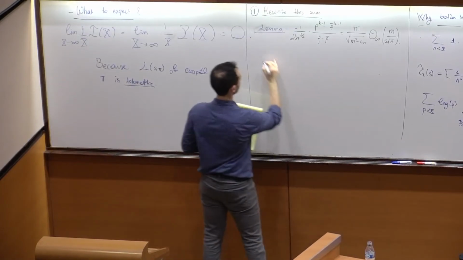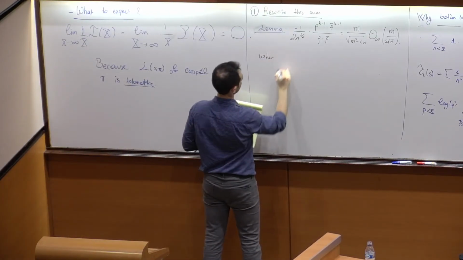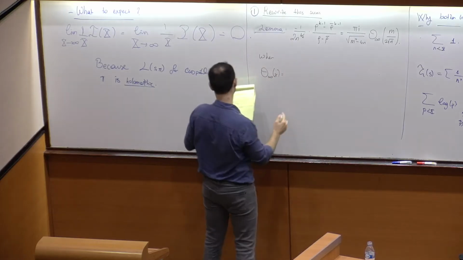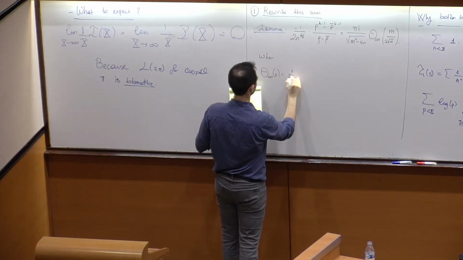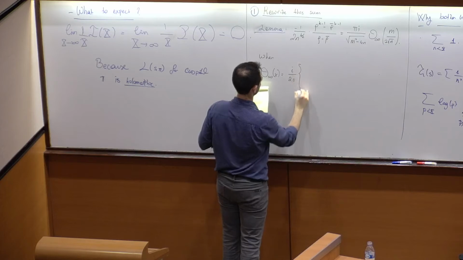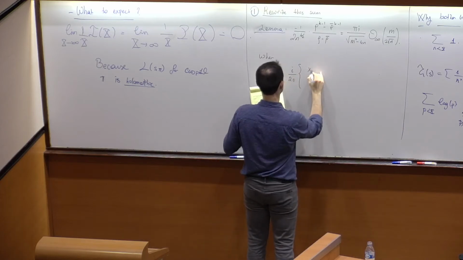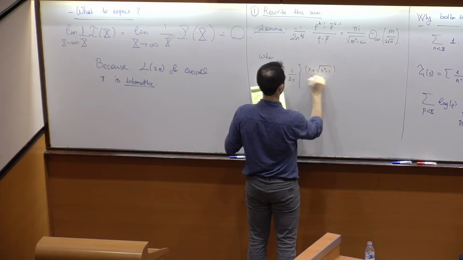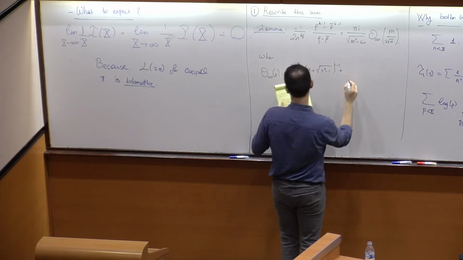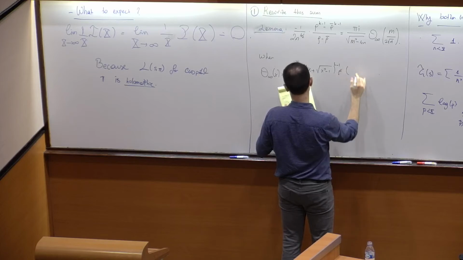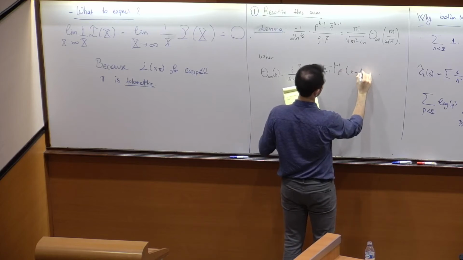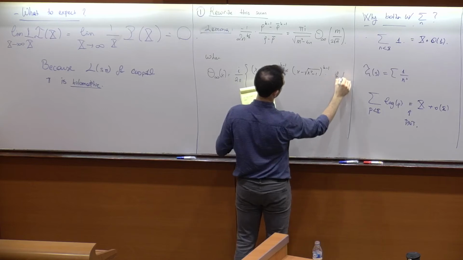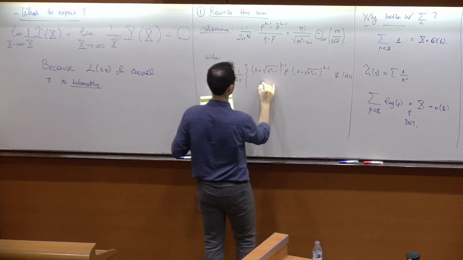Where theta infinity of x is the following gadget: i over 2 pi times x plus square root of x squared minus 1 to the k minus 1. I mean, these are very elementary calculations. x squared minus 1 to k minus 1 if x is less than 1, and it is 0 otherwise.